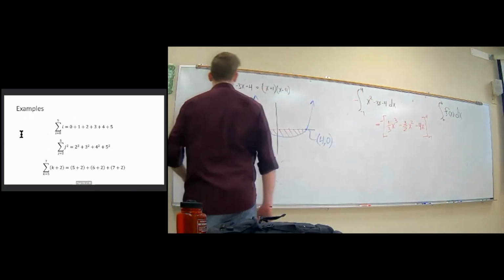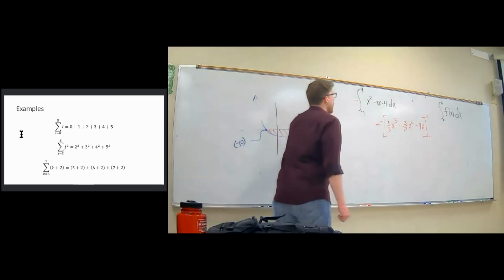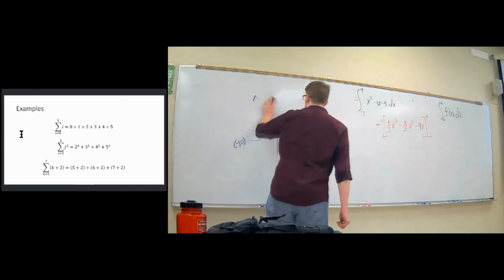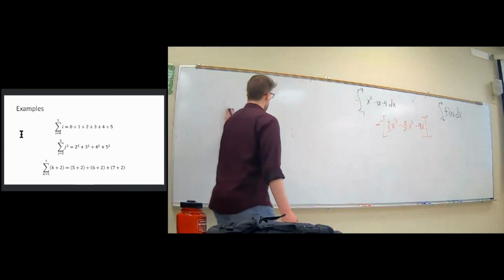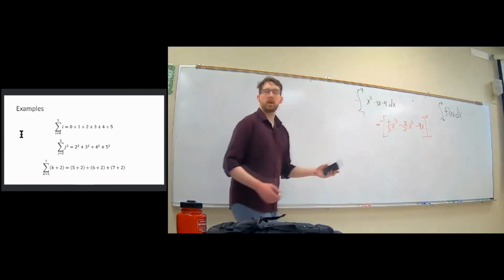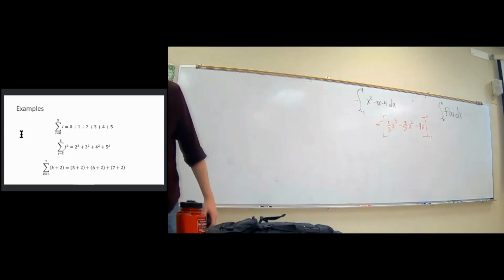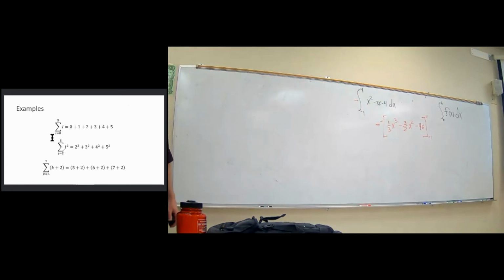What I mean is that in the case that you're just adding up i's, and you want to add up from 0 to 5, what this notation says is, all right, plug in 0, then plug in 1, then plug in 2, then plug in 3, then plug in 4, 5, so forth, so on, and add all of those up from your lower bound to your upper bound.